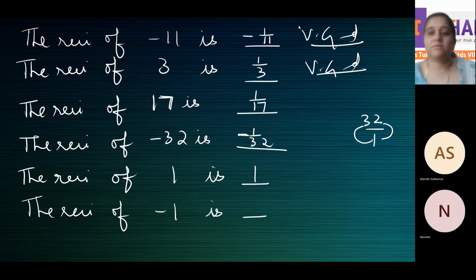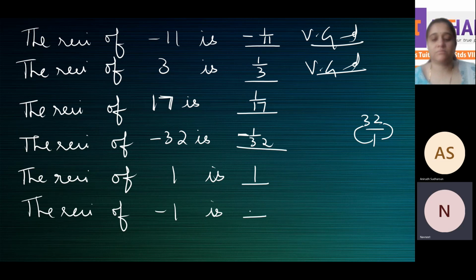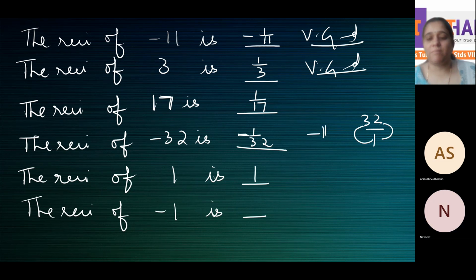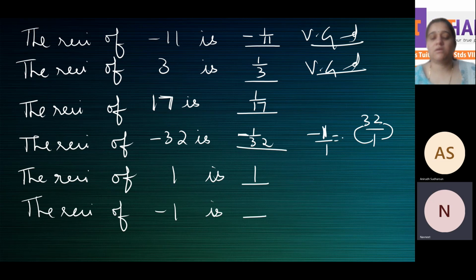Yeah, children, I'm back. I think I was asking Navneet, what is the reciprocal of minus 1? Ma'am, minus 1 by 1. Correct. What is minus 1 by 1? Ma'am, what do you mean? Minus 1 by 1 is nothing but? Nothing but 1. Now, Anirudh, what is minus 1 by 1 equal to?